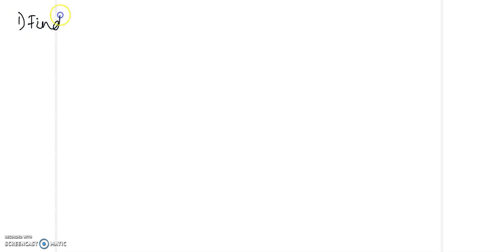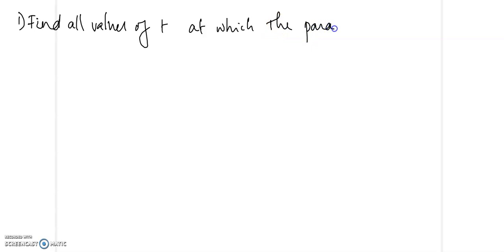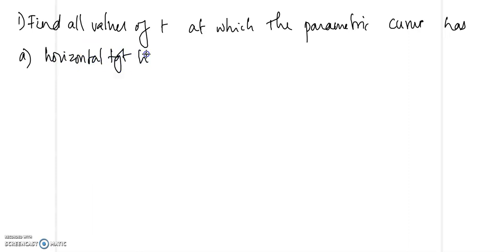So find all values of t at which the parametric curve has a horizontal tangent line and a vertical tangent line.